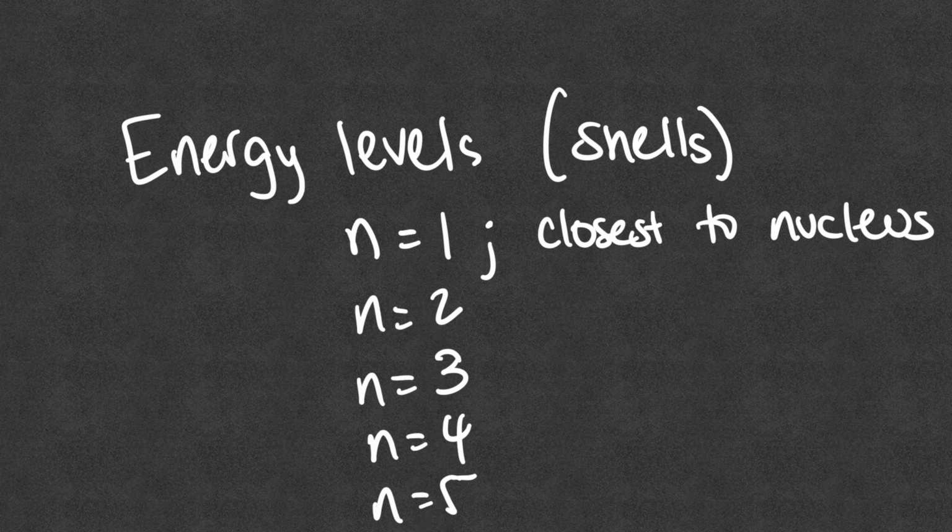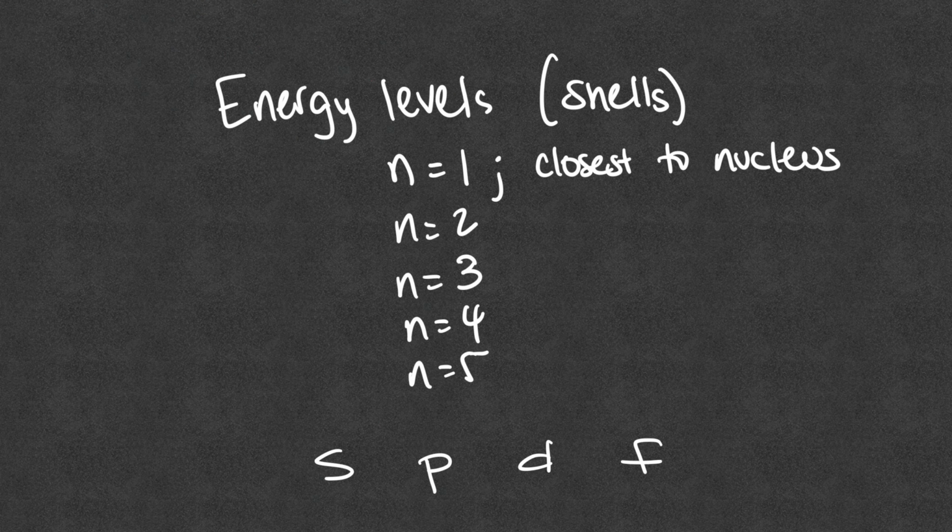The energy levels' distance is different depending on how close it is to the nucleus. So energy level 1 is the energy level closest to the nucleus, and it goes up in these increments: energy level 1, 2, 3, 4, 5. This just talks about the distance from the electron to the nucleus.